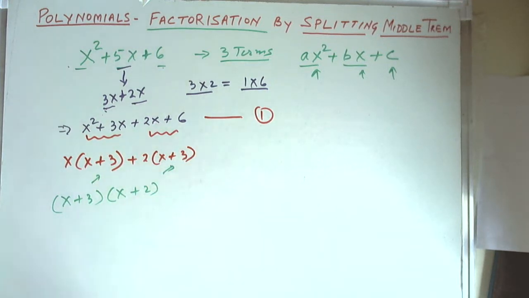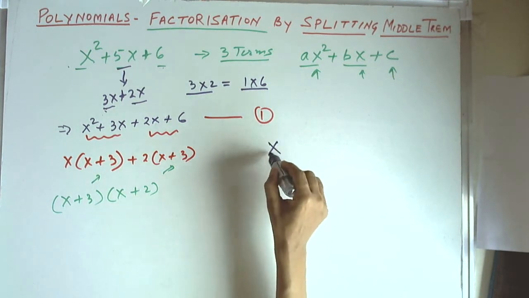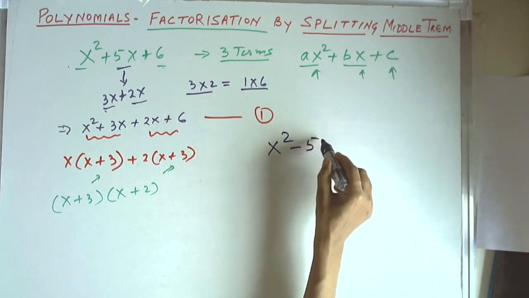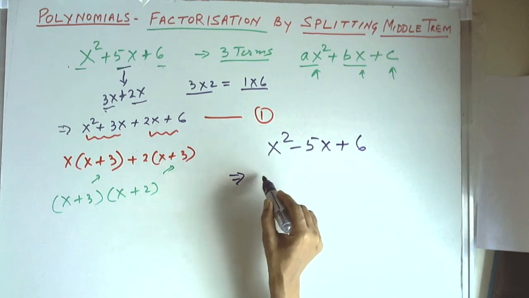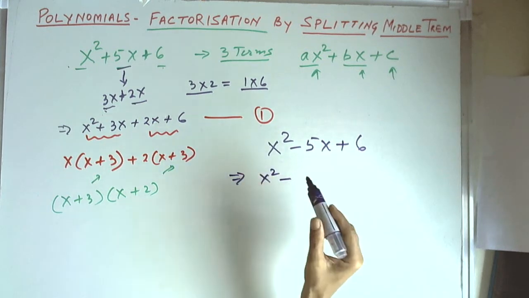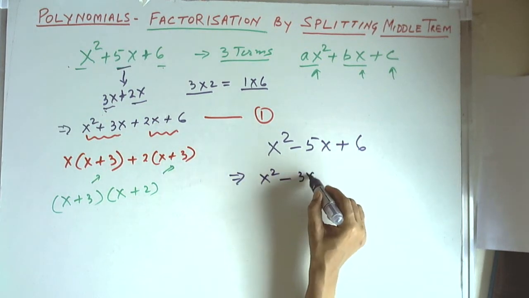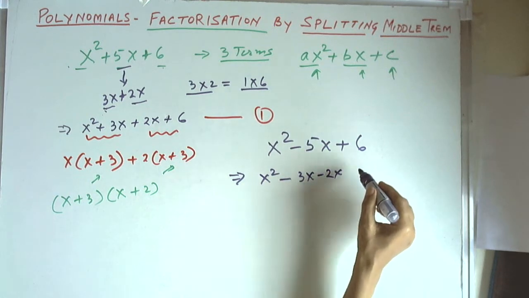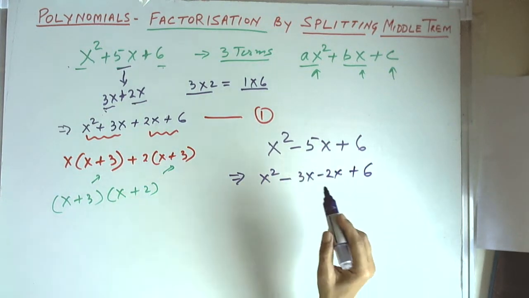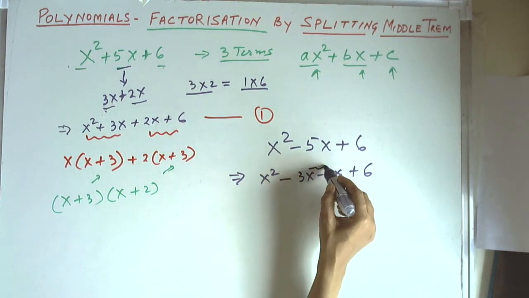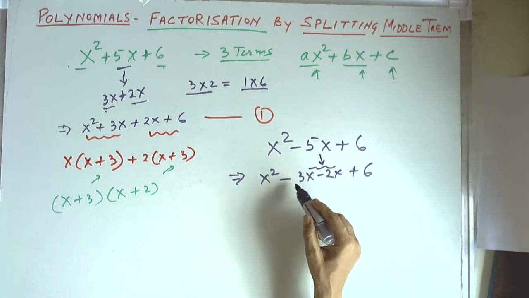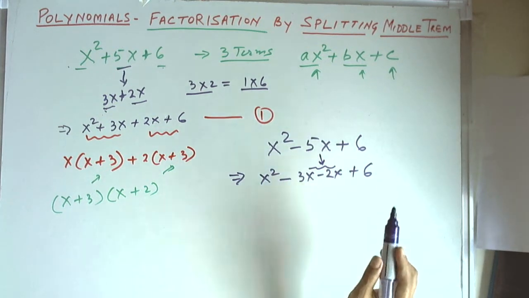Let's take another example. Say x square minus 5x plus 6. So I am taking a very similar example now. Instead of plus, I am taking it minus. So again, we have to split the middle term. In this case we will do minus 3x minus 2x and 6, because minus 3x and minus 2x lead to minus 5x, and then minus 3 multiplied by minus 2 will be 6.